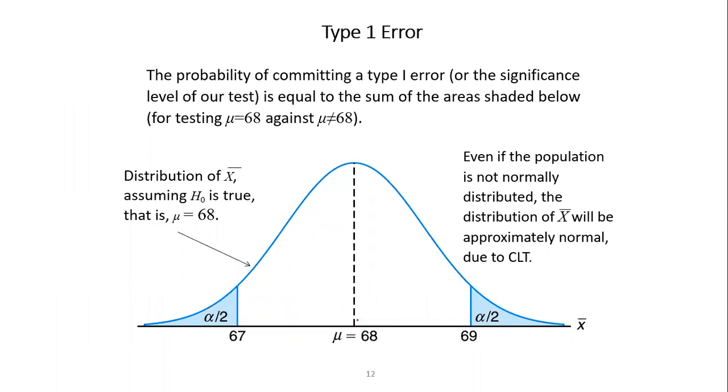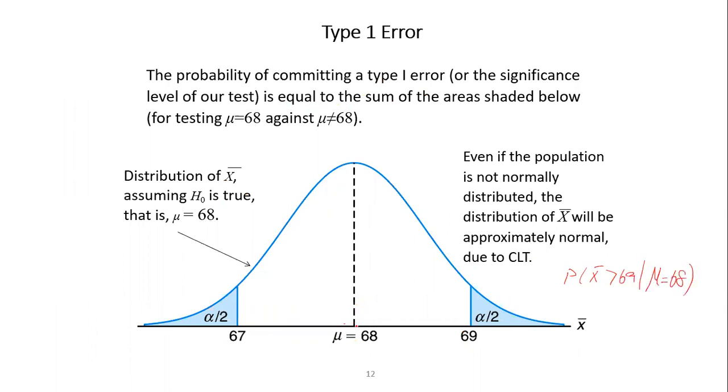So here, the probability of committing a type 1 error, or the significance level of our test, is equal to the sum of the areas shaded here, okay? So remember, the probability that x bar is greater than 69, given that mu is equal to 68.